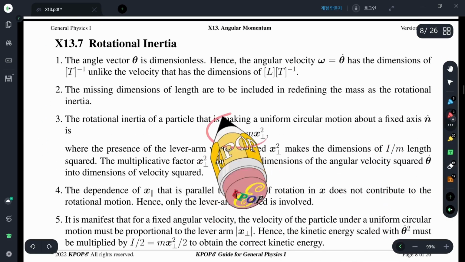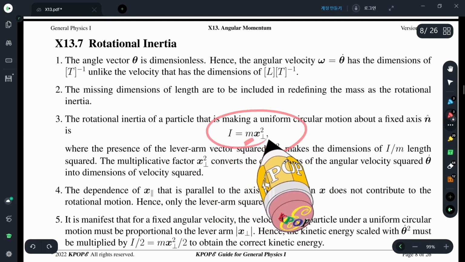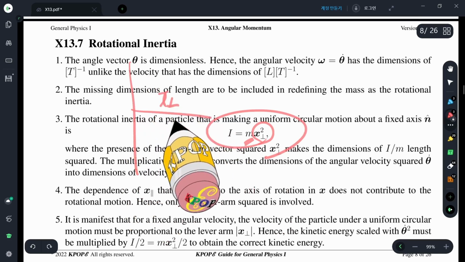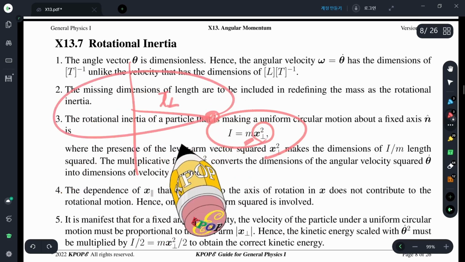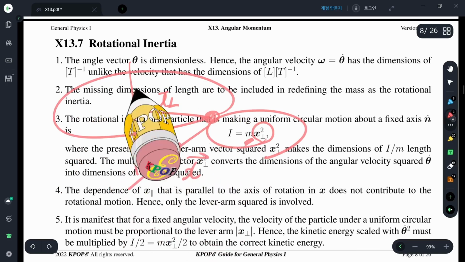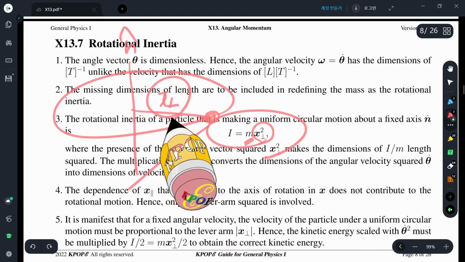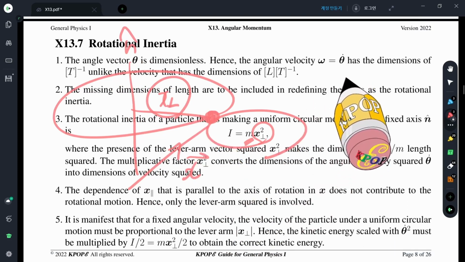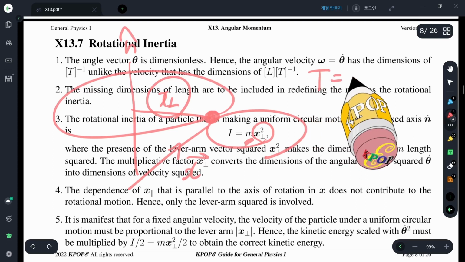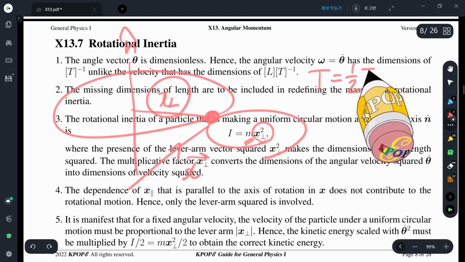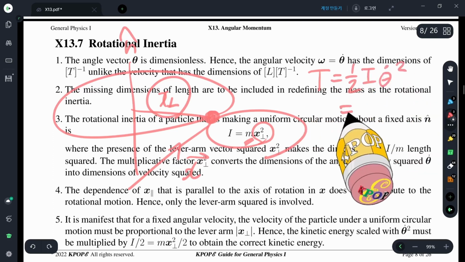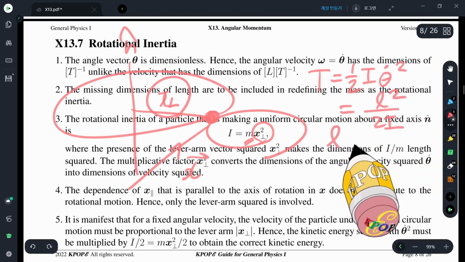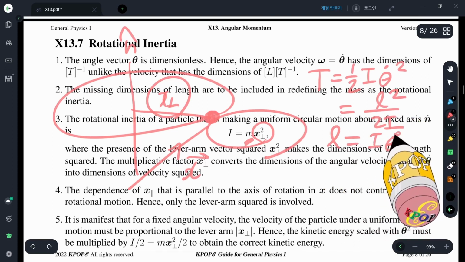The rotational inertia is mass times distance squared, that is, lever arm squared, x perp squared, multiplied by mass. Then we can write the kinetic energy as one half I theta dot squared, or L squared over 2I, where L is the angular momentum, I theta dot.